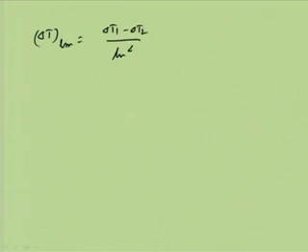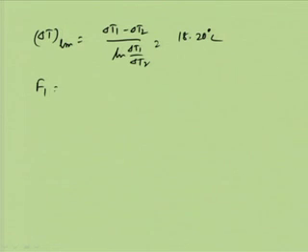Now, delta TLM, we know, is (delta T1 minus delta T2) by ln (delta T1 by delta T2), and that is equal to 18.20 degree centigrade.